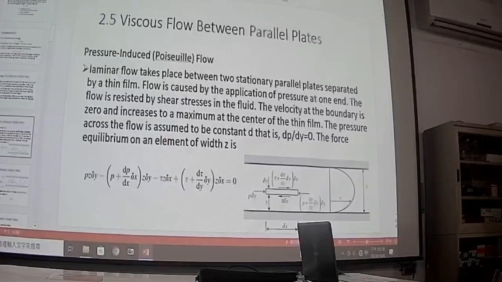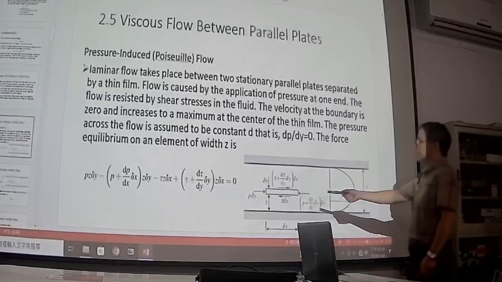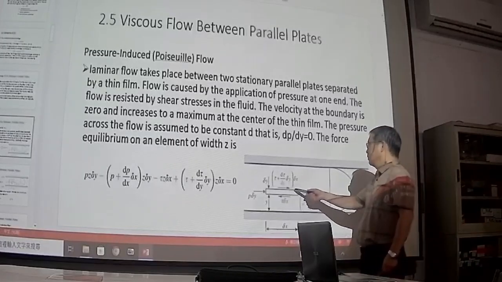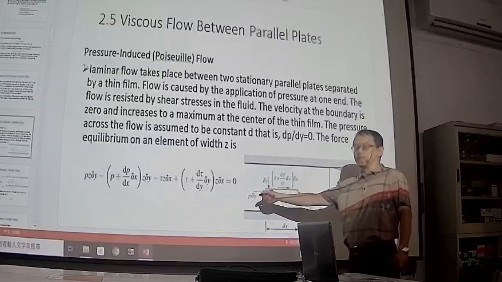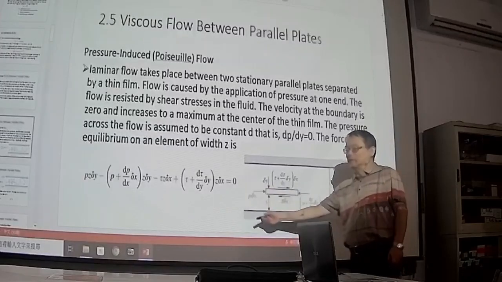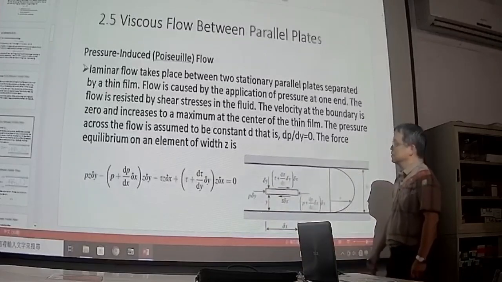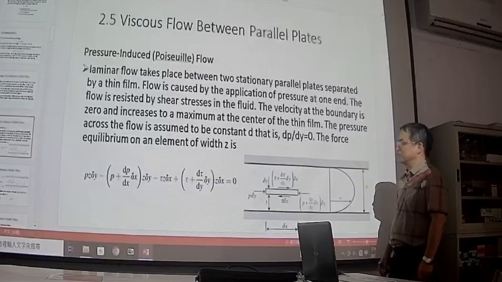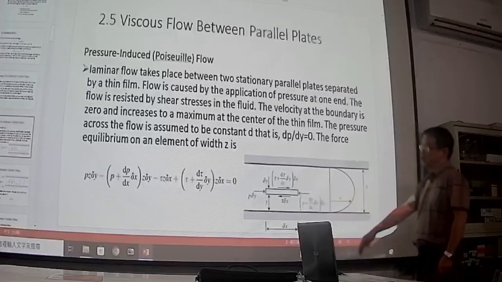So for this rectangular element, we have some forces acting on different surfaces. We calculate the force balance for this small element.